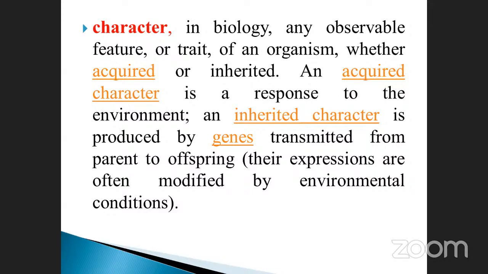Seed eater and insect eater: how will a seed eater be converted to an insect eater? It is nothing but the environmental factors, conditions, or adaptation, radiation, isn't it? After that, continuously it happens, over 100 or 1,000 generations, so the gene is transmitted. That is called, what is that?